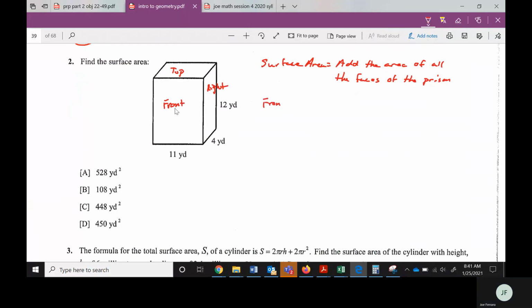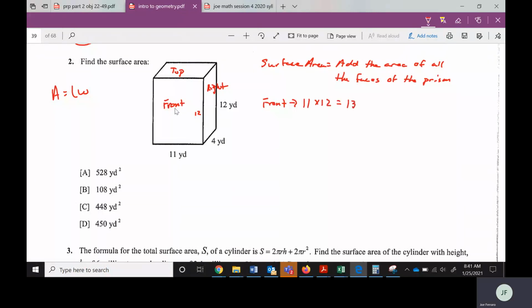So let's, now again, area for these rectangles is just length times width. Okay, so the front, we look right here, we have 11. Now it doesn't label right here, but the height, if the height back here is 12, the height right here is 12. So it's 11 by 12.